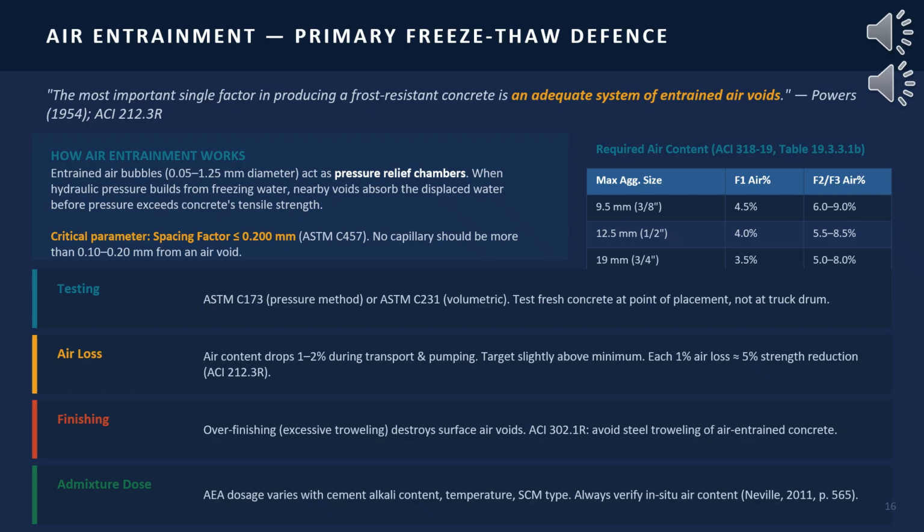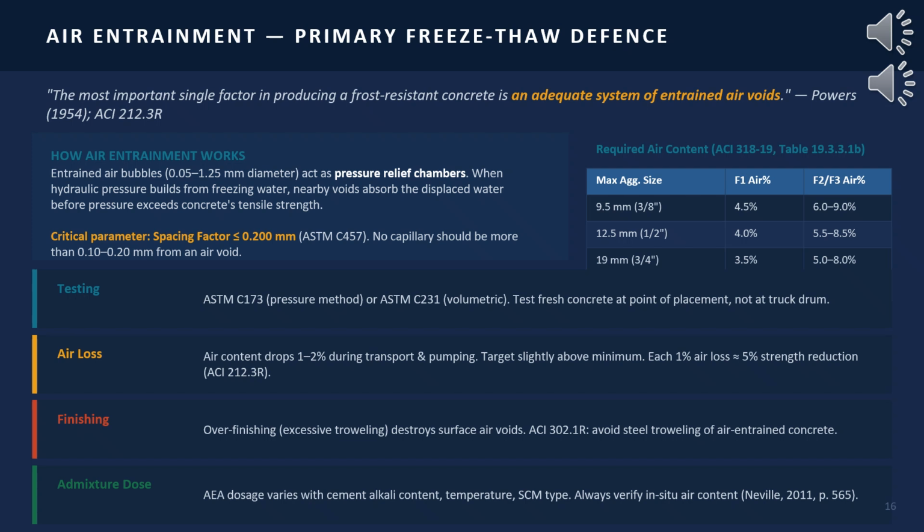The air-entraining admixtures stabilize tiny air bubbles in the fresh concrete during mixing. These bubbles survive into the hardened concrete as discrete spherical voids 50 micrometers to 1.25 millimeters in diameter.